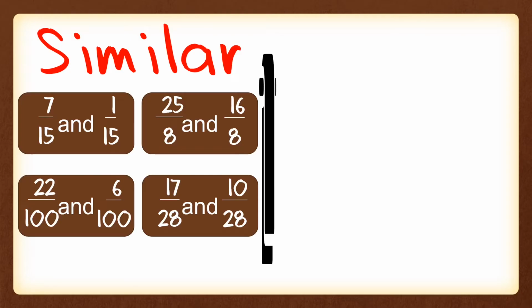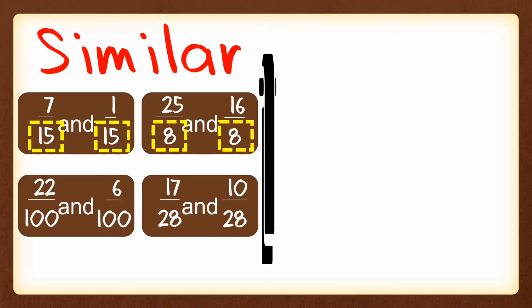So again, if we're going to look at what kind of fraction it is, just look at the denominator. And similar fractions have the same denominator. So as you can see, in our first sample, the denominator is 15.